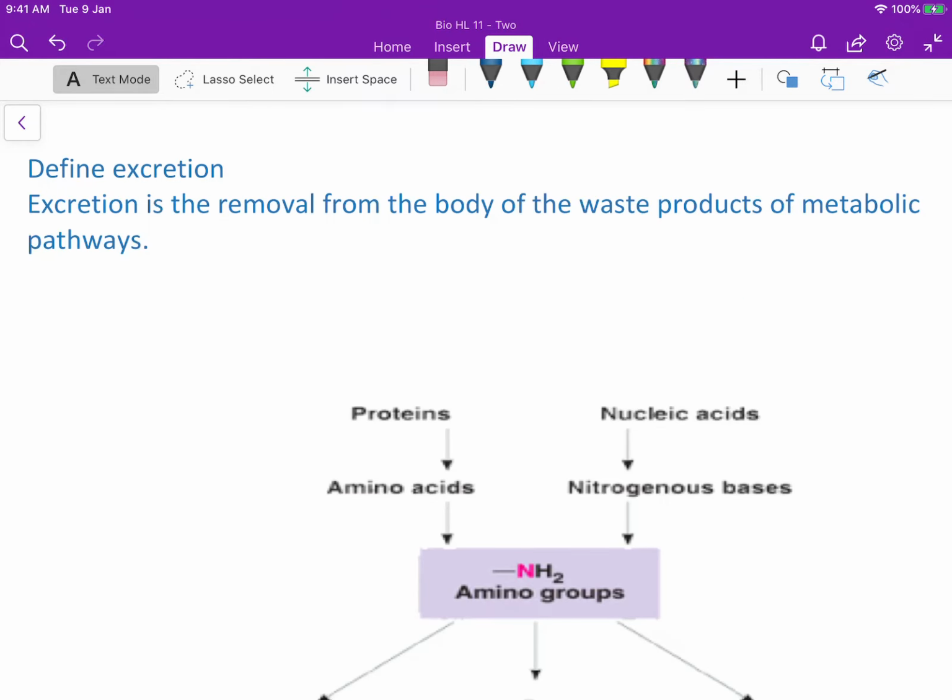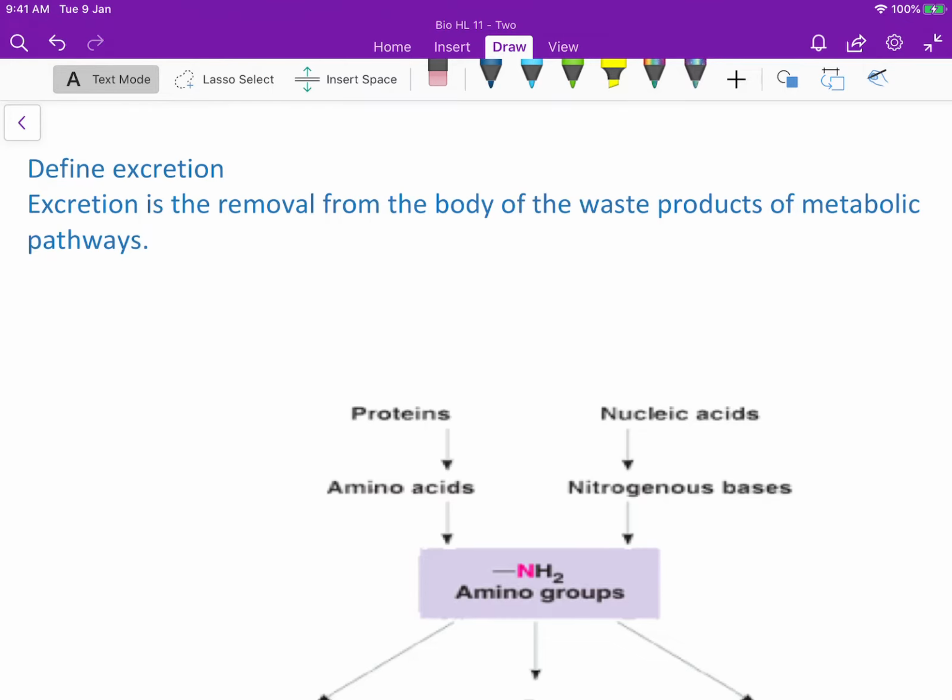So there's our definition of excretion. It's the removal from the body of waste products of metabolic pathways. And so we can see a little bit in the picture beneath about what the urine is removing.